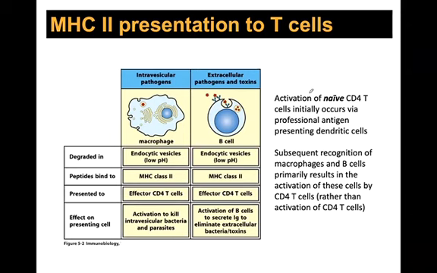Initially, it is all dendritic cells. Only dendritic cells can start a response. But as the response keeps going on and you get production of cytokines by the CD4 T cells and others, you can have macrophages and B cells, as well as other T cells, all become professional antigen presenting cells.